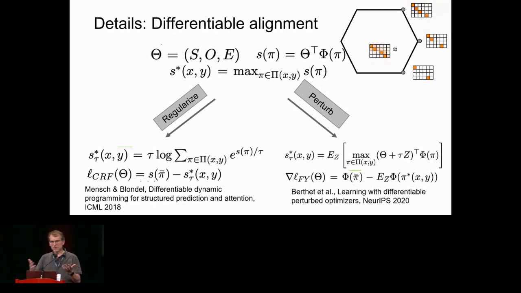If you work with neural networks, you know that you have many softmax functions that can replace the max. So that's one way to do it, and you can prove that when you do that, you end up with something that behaves like a relaxation of Smith-Waterman. Another way that we found a bit more efficient, actually, is to use a technique called differentiation by perturbation.